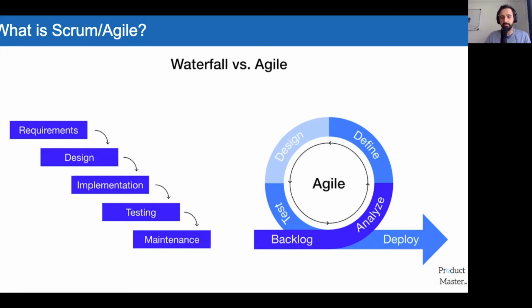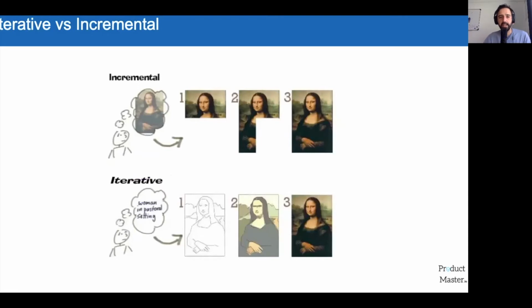To go into more detail, you are going to be working in an incremental way, instead of doing everything at once. If you look at the painter there, obviously Da Vinci, and you had this idea of painting the Mona Lisa, you already knew what you wanted, and you then built incrementally on top of it, section by section, until you got to the end of the painting.